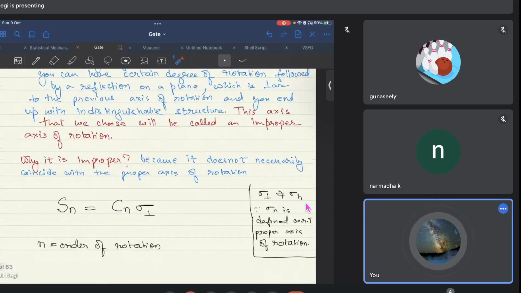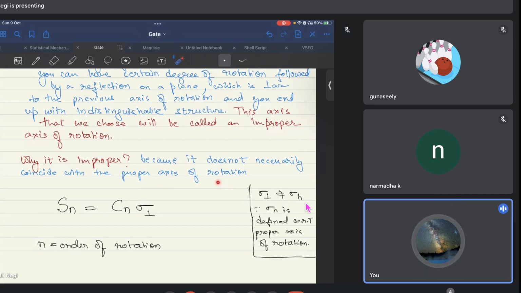So just hold on. Why is it called improper? Because it does not necessarily coincide with the proper axis of rotation. Mind it, in the proper axis of rotation there was a rotation which just gave me the indistinguishable structure of the molecule itself, and we were done there.